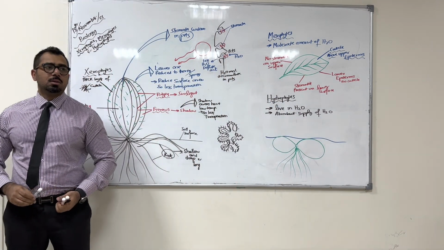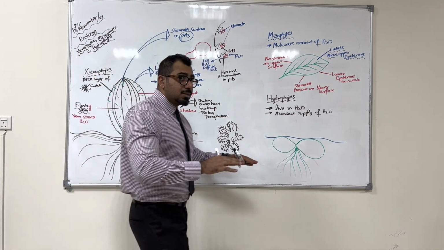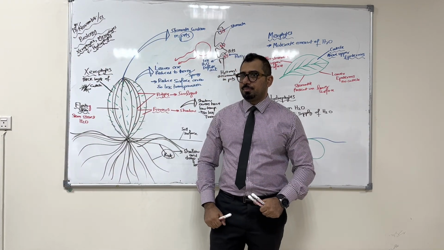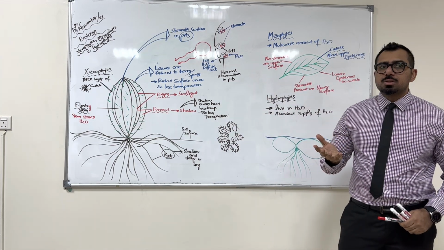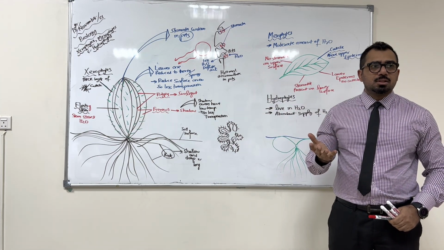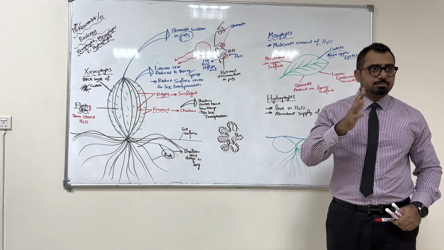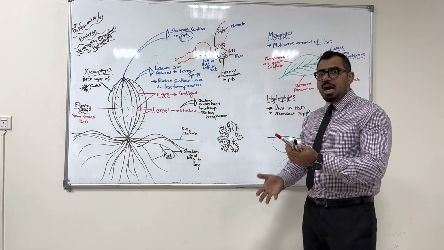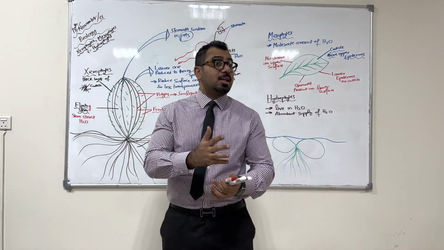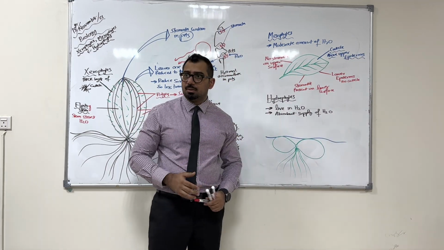Understand? Now, they are floating on the surface. So what should happen to the lower surface? Should there be any cuticle? No. Should there be any stomata? There can't be any gas exchange because it is directly touching the water, right?